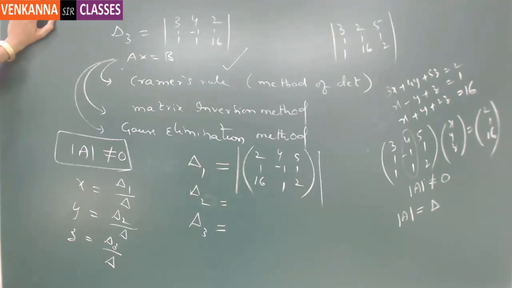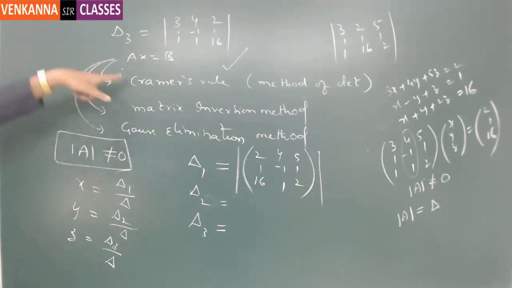Right. Now let us go with the second method, that is matrix inversion method, which is already known to you. Now for every method what you are applying, the basic criteria is determinant of A must be not equal to 0. Then only you are going to apply one of these methods as per the question posed.